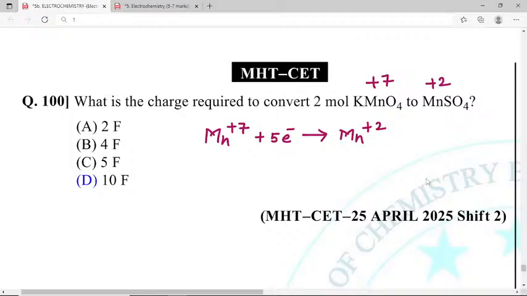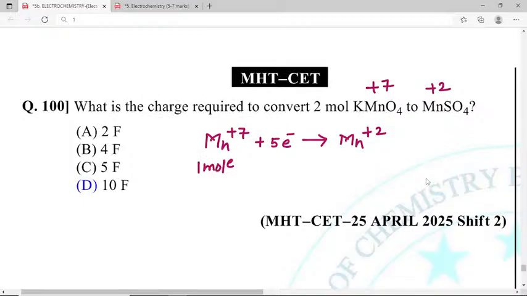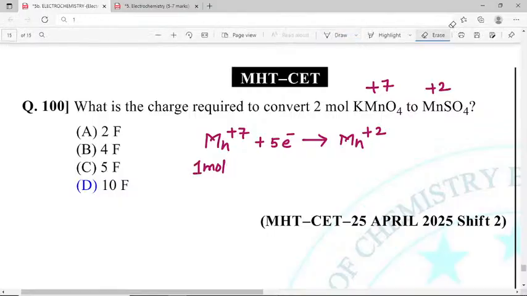So 1 mole requires 5 mole electrons. So 5 mole stands for 5 Faradays. This is for 1 mole.